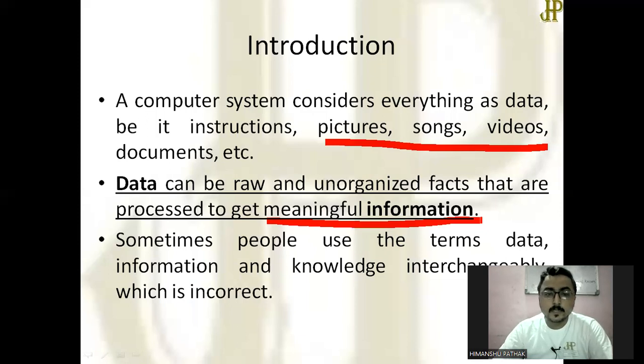So I think it is very clear. What is data? Data is unorganized facts and figures, but it should be meaningful in respect of a particular field. I will discuss later on, don't worry. And information is the processed data.